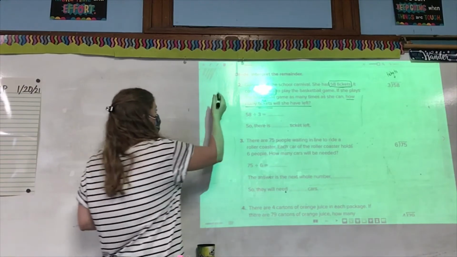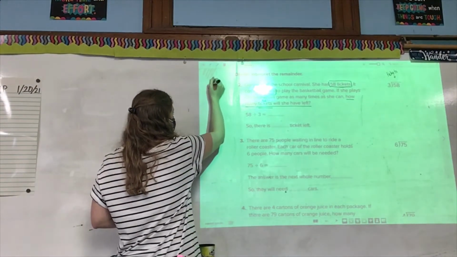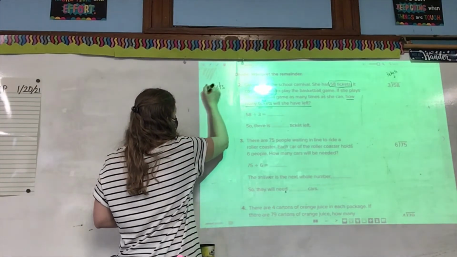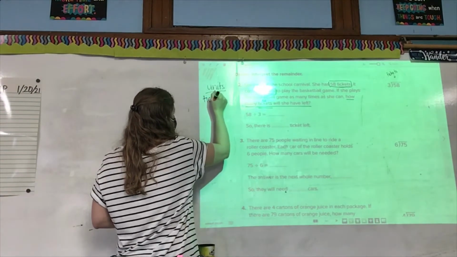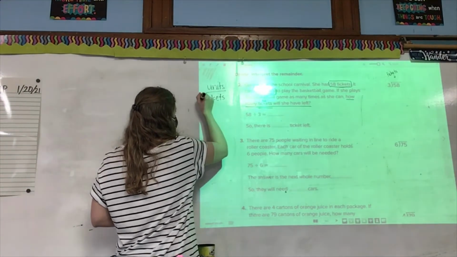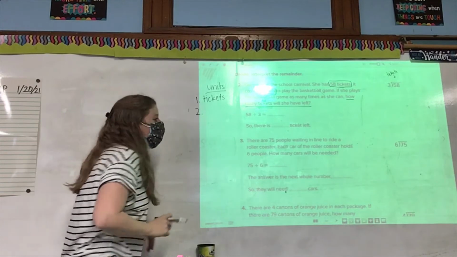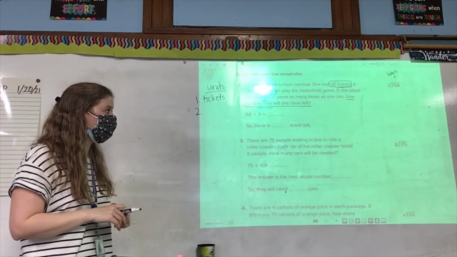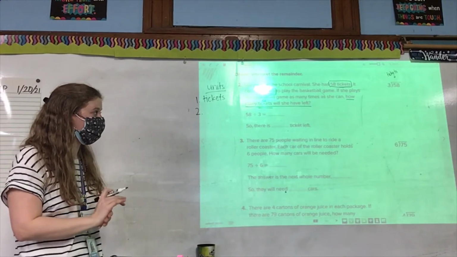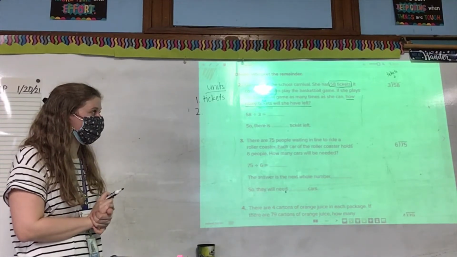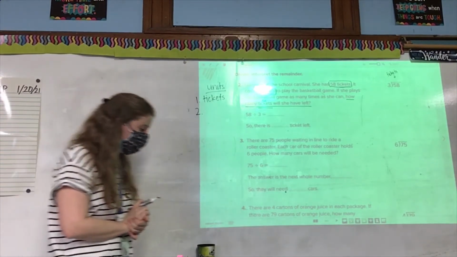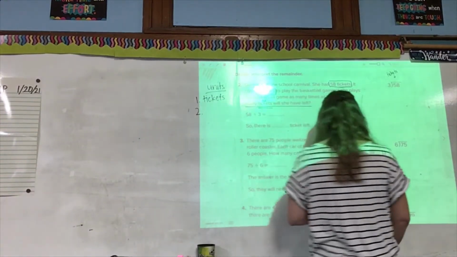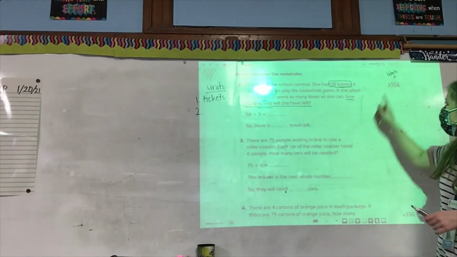Because in your notes it says, for a division problem, there will be 2 units. We know 1 is tickets. We need another one. Well, what is it? If she plays the basketball game as many times as she can, how many tickets will she have left? I see something that I did wrong because maybe it doesn't always tell us this.